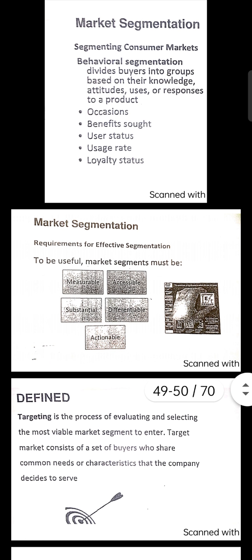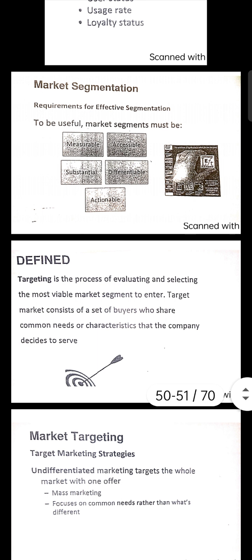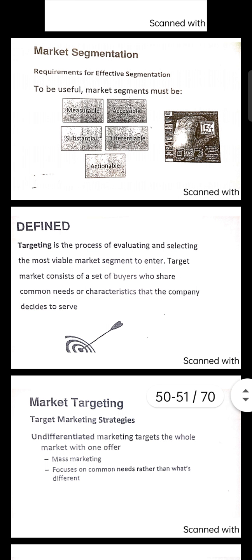So the market segmentation requirements for effective segmentation to be useful: a market segment must be measurable, accessible, substantial, differentiable, and actionable. So let's further discuss. Targeting is the process of evaluating and selecting the most viable market segment to enter.